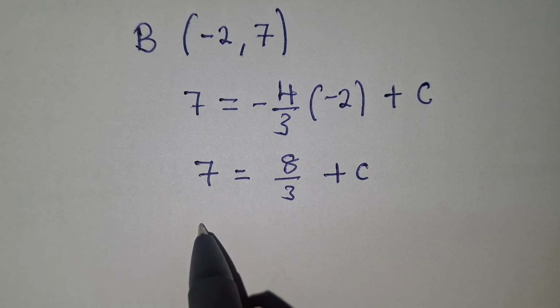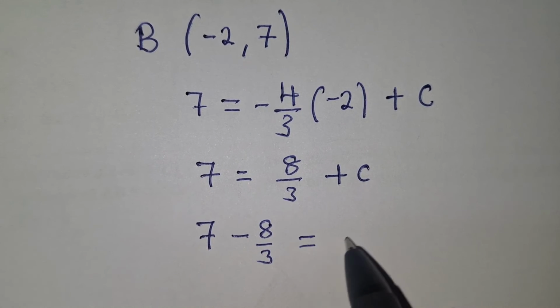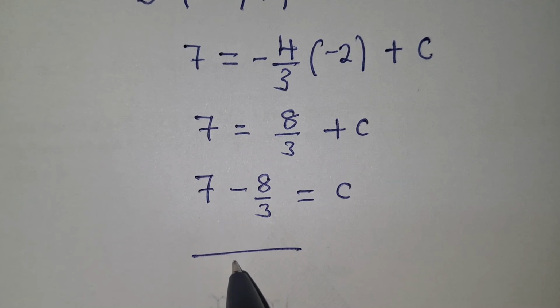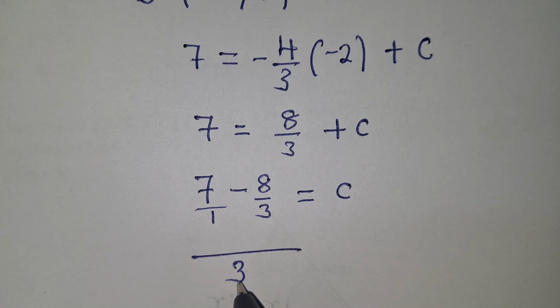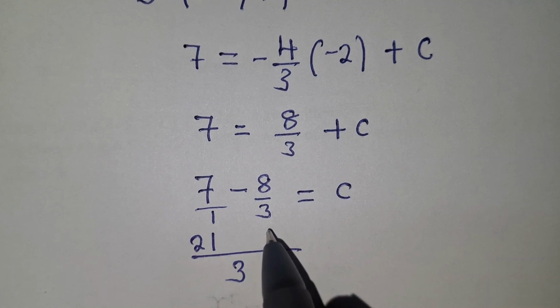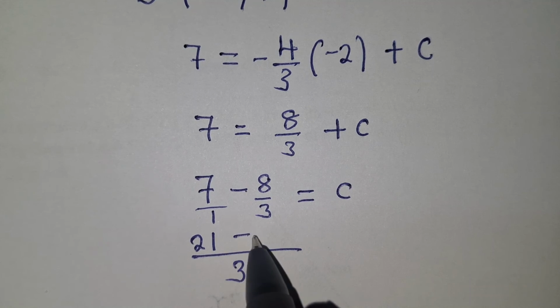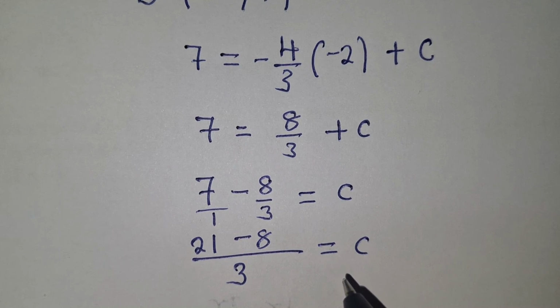We now group the like terms. This is how it's going to look. We are solving for c, lowest common denominator, it's 3. There is a 1 here, 1 into 3, it's 3. 3 times 7 will give us 21. 3 into 3, 1. 1 times -8, it's -8, which is equal to c.